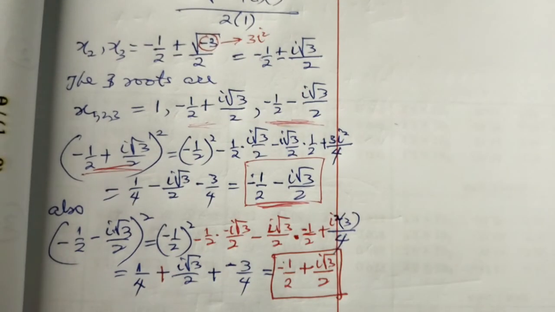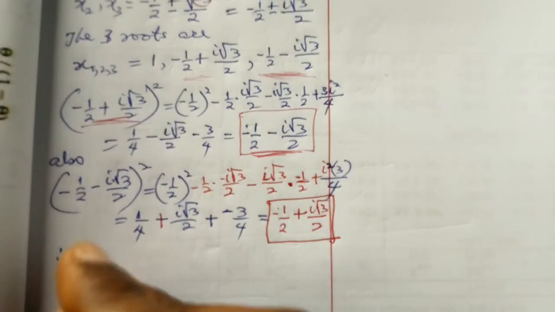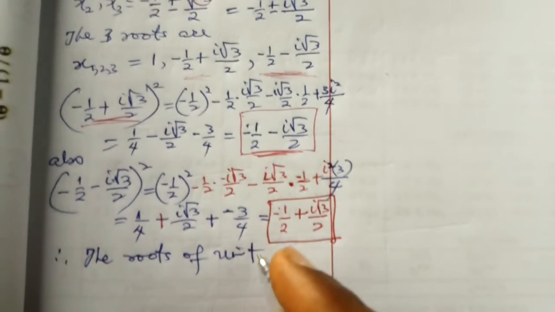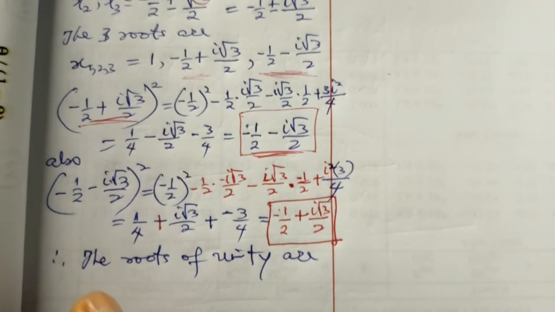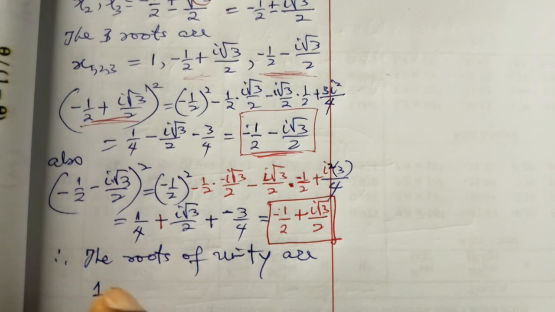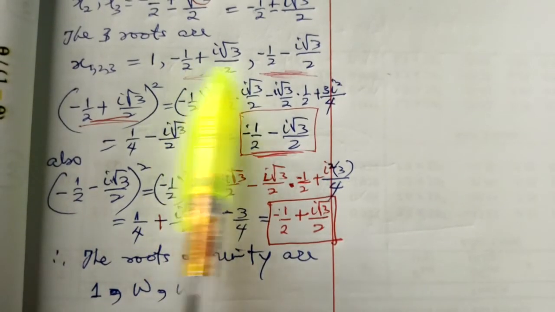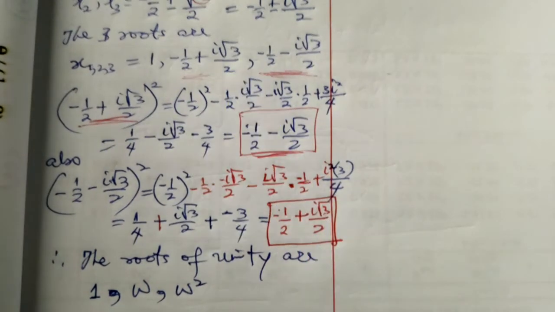So we can now say that therefore the roots of unity are 1, comma, w, comma, and w squared, because if we represent this to be w, this one will be w squared, and if we represent this one to be w squared, this one will be w, and what have you.